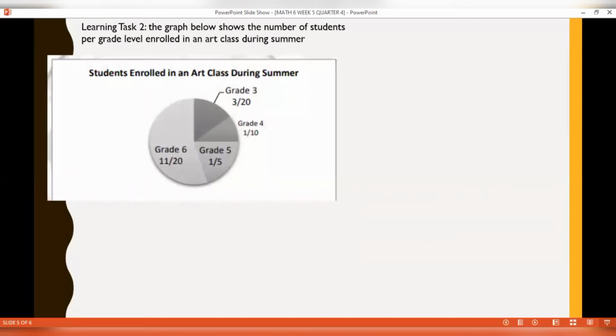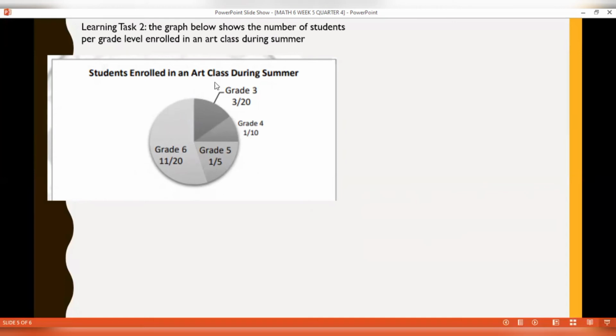The graph below shows the number of students per grade level enrolled in an art class during summer. So dahil summer, nag-enroll sa art class. So kung meron dito nag-grade 3, and that is 3/20 of the enrollees, grade 4, 1/10, grade 5, 1/5, and grade 6, 11/20.